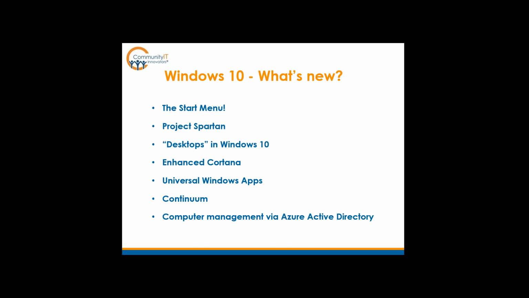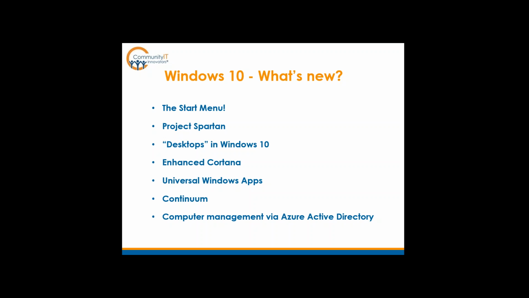Project Spartan is the new web browser. There's a lot of little kind of whiz bang features that are available kind of native within the browser that previously were part of add-ons, but now that's part of the core functionality of the browser. Desktops feature, so you can have multiple desktops. This is a feature that's been available in Linux for a long time. It's been available on Mac for a long time.